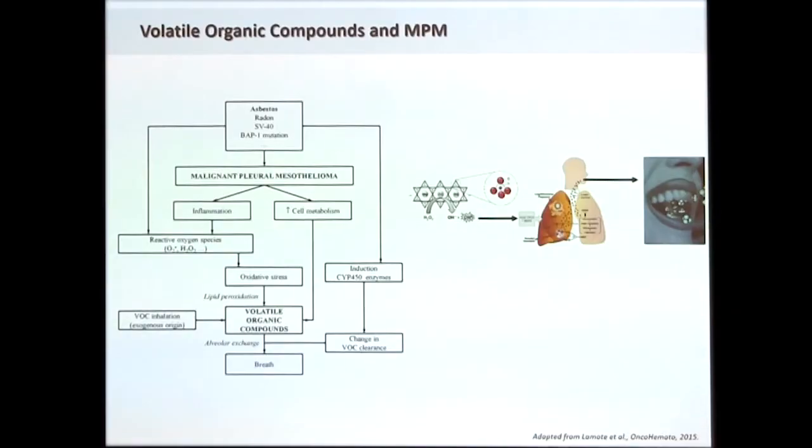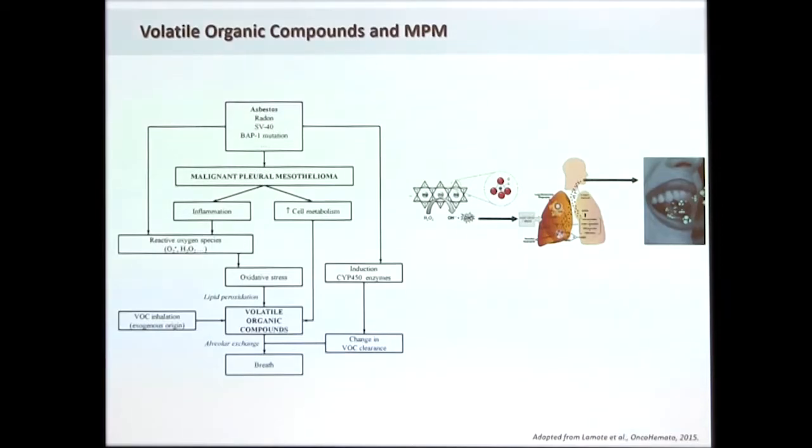If you look at the pathway of mesothelioma, the asbestos fibers induce mesothelioma through mostly two pathways. They induce inflammation, and the mesothelioma tumors themselves have an increased cell metabolism. These release reactive oxygen species and give oxidative stress at the mesothelium. So what happens with this oxidative stress?